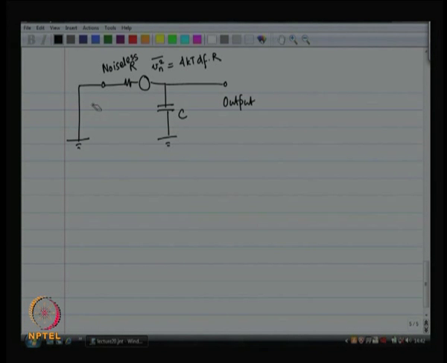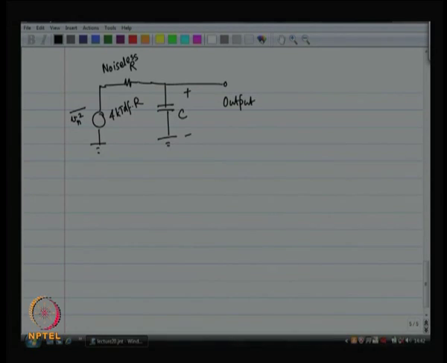I have got a voltage source, let me move the voltage source to the other side to make life easier. This is what I have got and I want to find out the voltage across the capacitor.